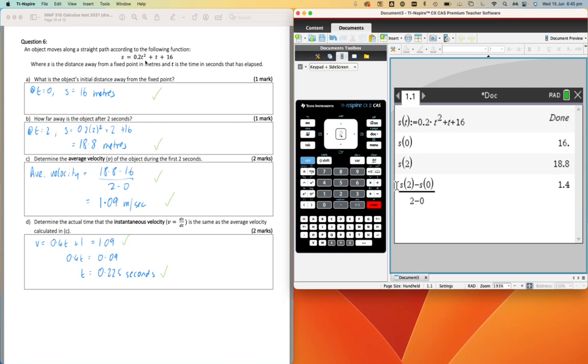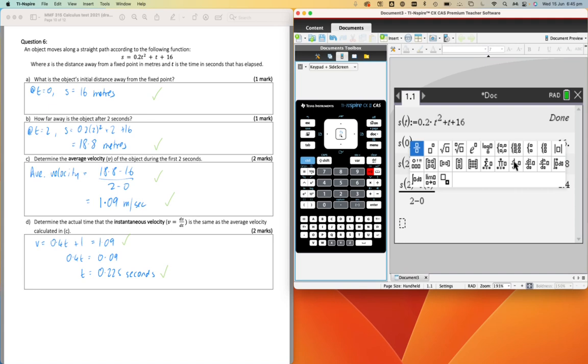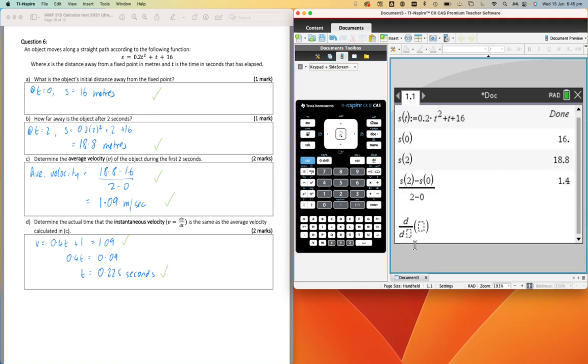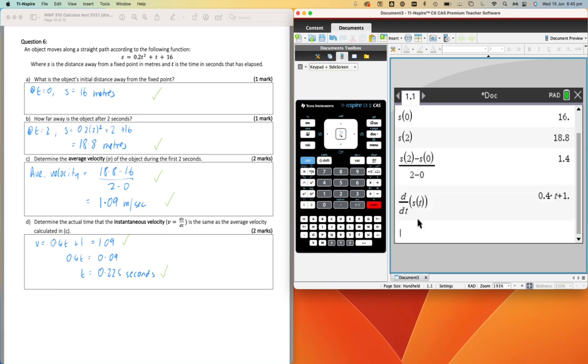Again, I would do it by hand, I think it's pretty straightforward, but I can also go into here and ask for the derivative with respect to t of S of t. Press return, and it gives me 0.4t plus 1. That's done. If you couldn't do it by hand, you could certainly do it by calculator. Then I have to set it equal to 1.09 and solve it.